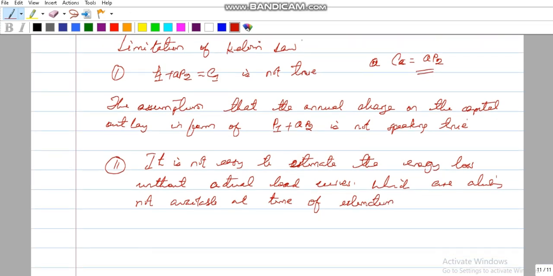Maana kwamba tulisema kwamba power loss is given by 3 times I squared times the resistivity times L over A, au power loss nasema I squared R in 3 phase. Okay, sasa wakati tunafanya analysis pale modeling tuliona kwamba tulitreat I ni constant, kwamba the load that flows through the transmission is constant throughout the year, but in reality, in practical case, the load is always varying with time, with seasons, with months.